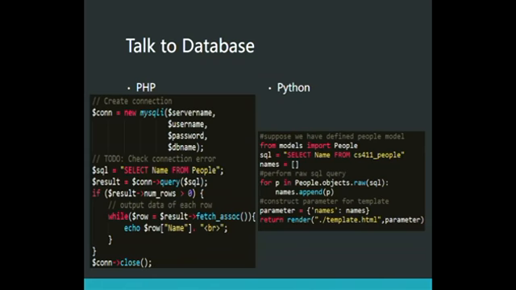That's sending a raw SQL query to the database. Then for each row in my result, I'm appending it to my list, and then I can put my list in dictionary format as parameters and render the page with my parameters, just like what we did before. You need to look at the documentation more closely to figure out more usages.